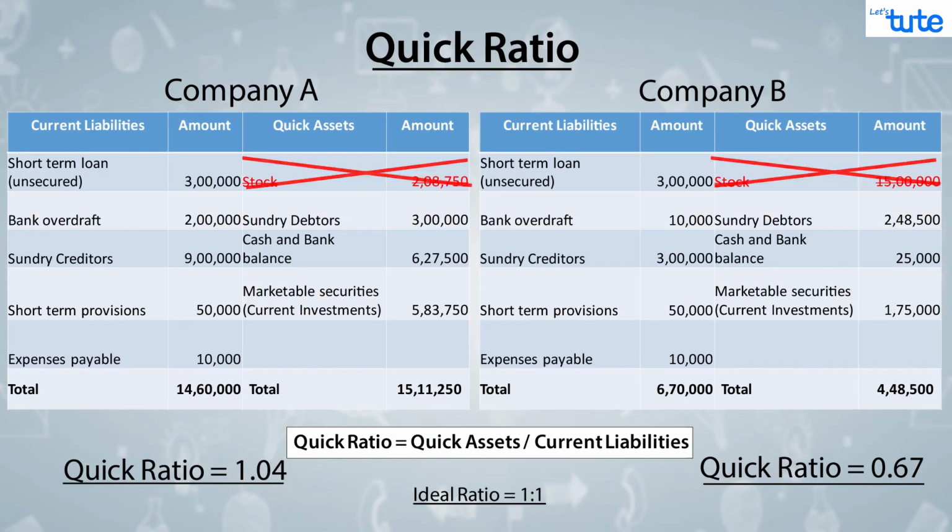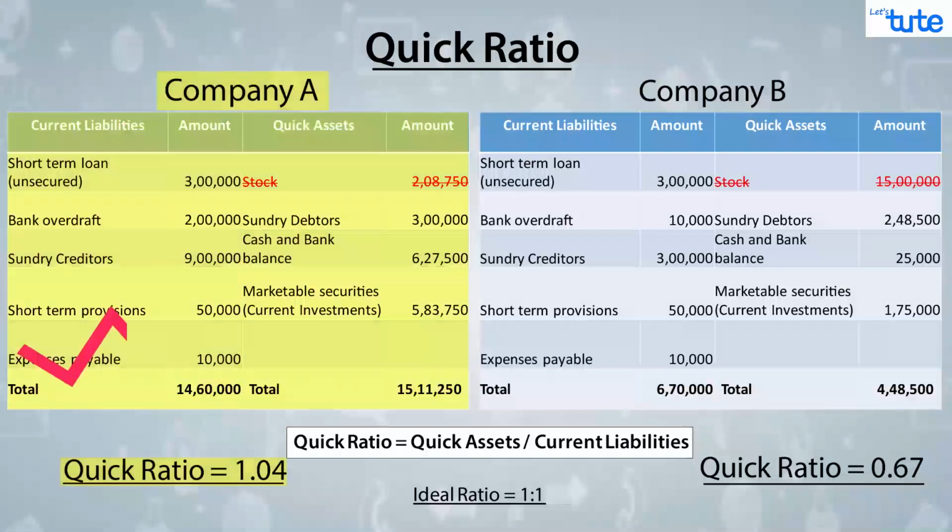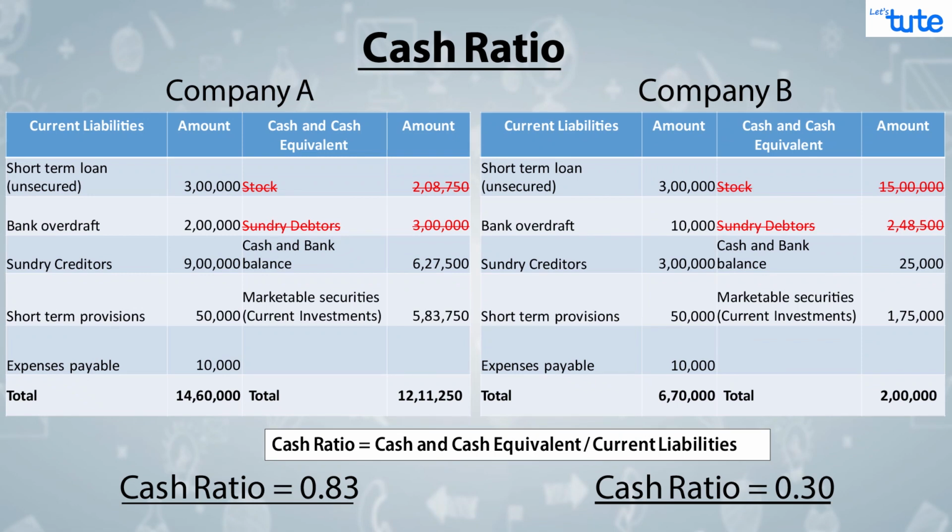Now, if we remove inventories and consider only quick assets and current liabilities of quick ratio, then company A scores higher compared to company B. Quick ratio of 1:1, that is more than 1 ratio, is desirable, which implies that company is having enough liquid assets to meet current obligations. Now let's move one step further and do more stringent analysis, just cash and cash equivalent.